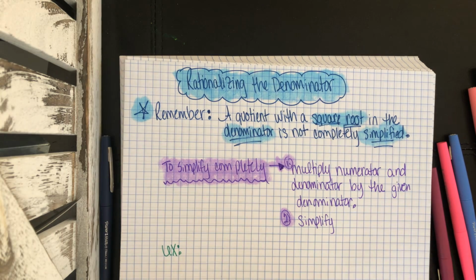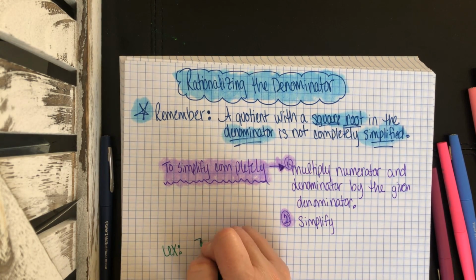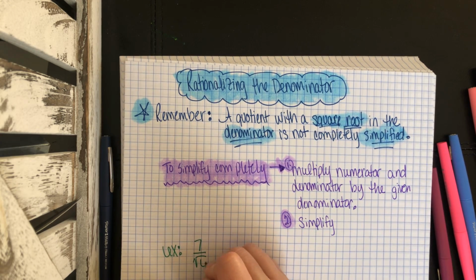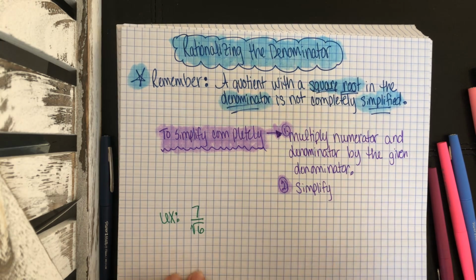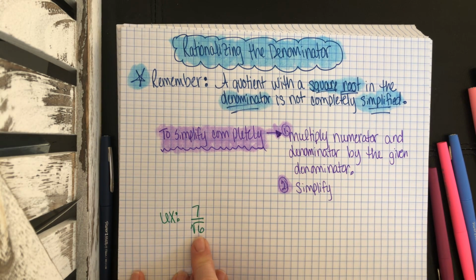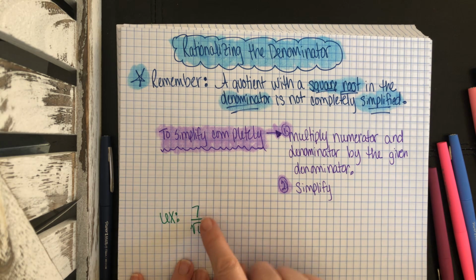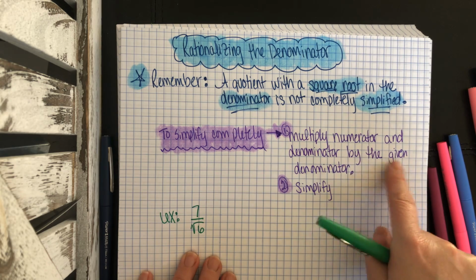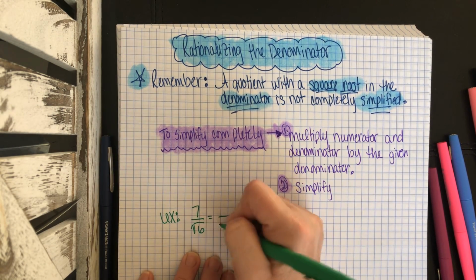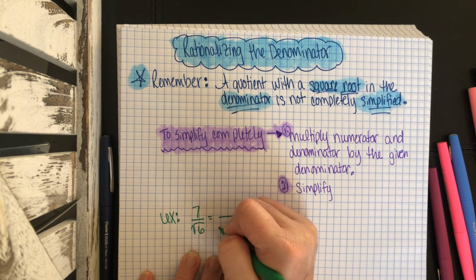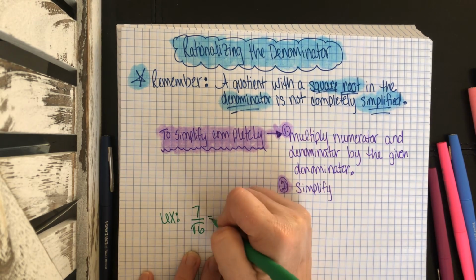So if I have 7 over the square root of 6, this is not completely simplified because we have a square root in the denominator. So what I need to do is multiply both my numerator and my denominator by the given denominator. So in this case, my given denominator is the square root of 6.